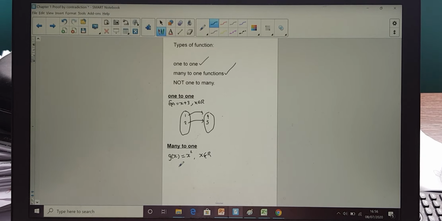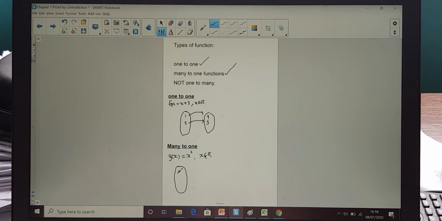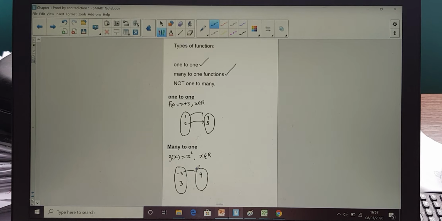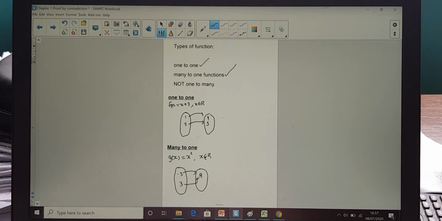Let's look at the mapping, so I could have picked -3 and 3. Now, this is a type of function. -3 squared is 9, 3 squared is 9, and it qualifies as a function because it's many to one.